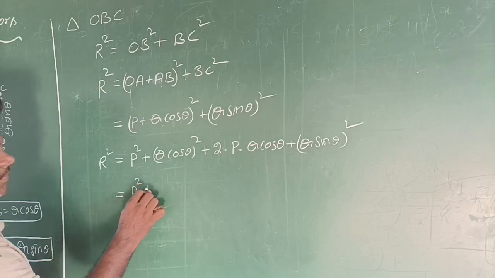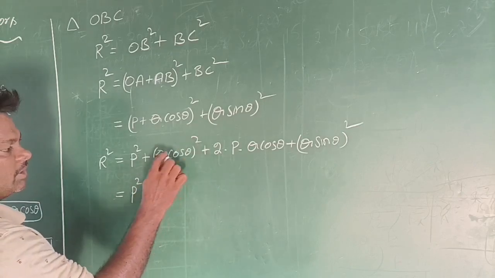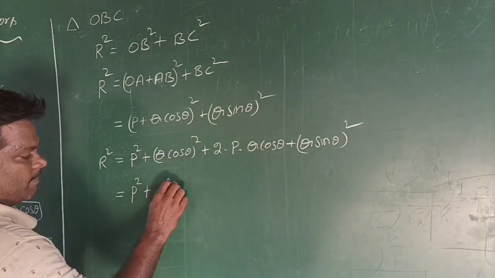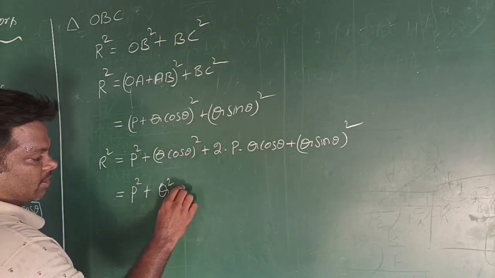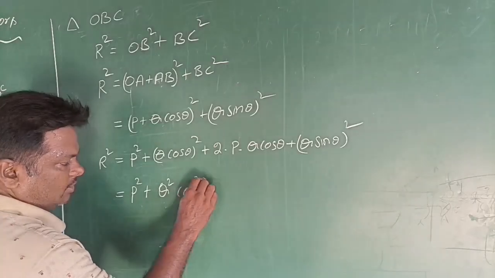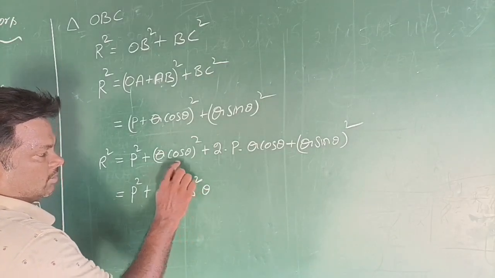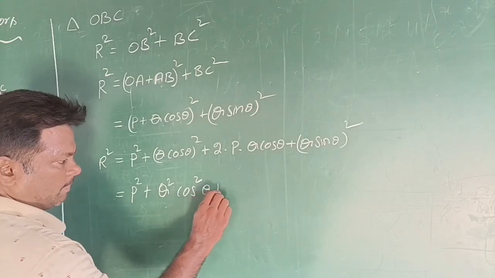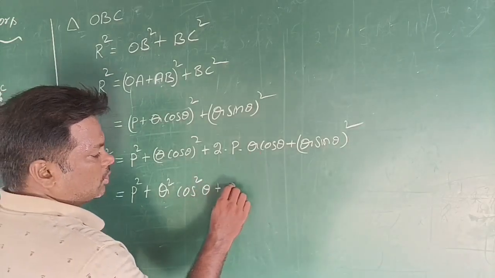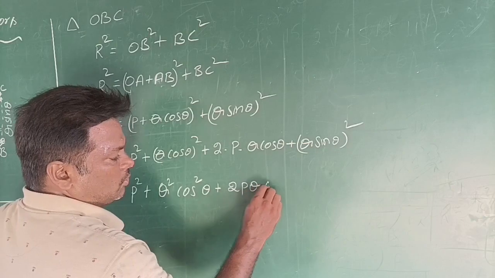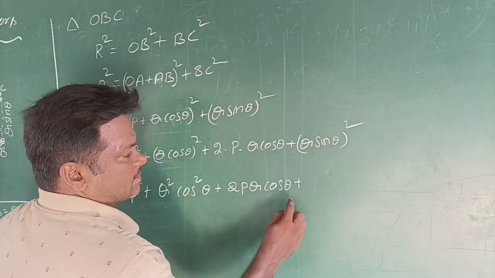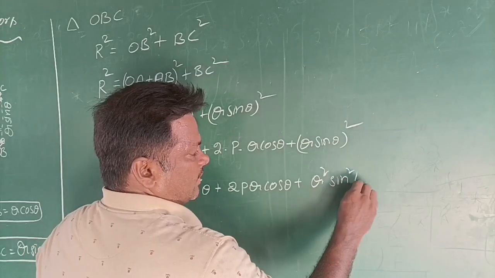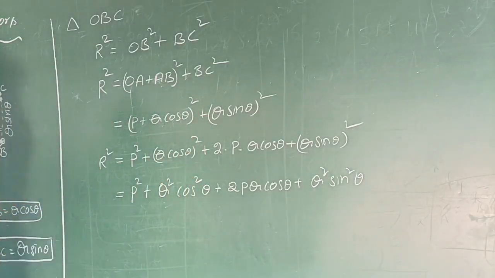Next, P square plus Q square cos square theta, since this cos theta whole square can be written as cos square theta, and 2PQ cos theta, plus Q sin theta whole square, that is Q square sin square theta.